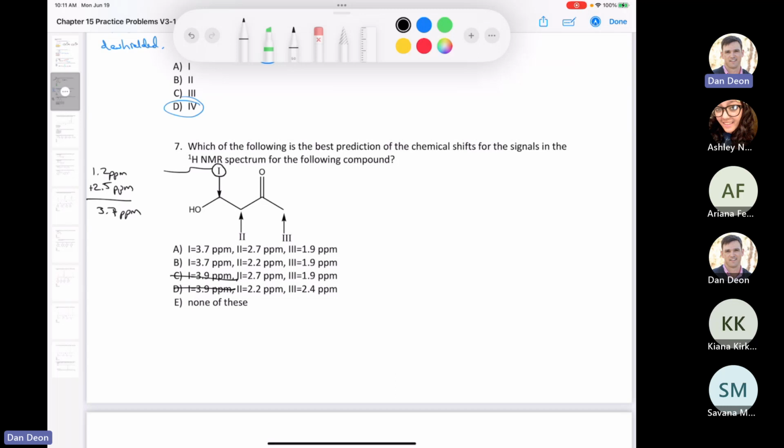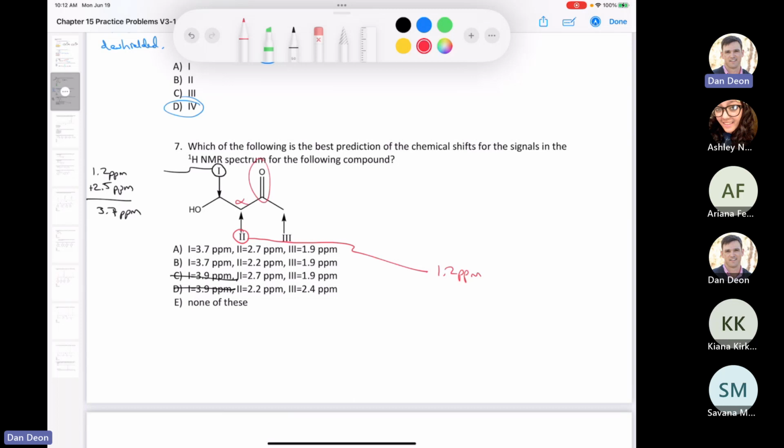All right. Let's look at these protons here. So number 2, I'll scribble those over here. So we start with the baseline, which is 1.2 parts per million for a methylene. Then these ones are alpha to a carbonyl, right?